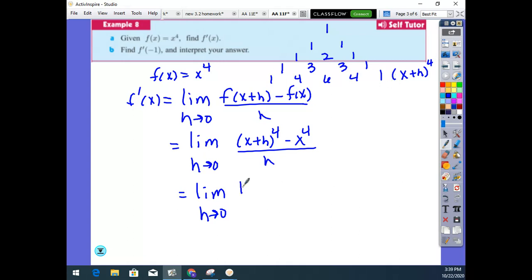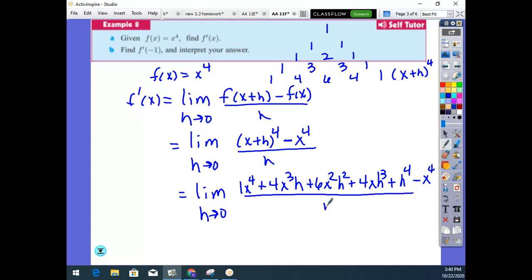So that's 1 x to the 4th plus 4, x goes down to the 3rd, h goes up, plus 6, x goes down, h goes up, plus 4, x goes down, h goes up, plus the x is gone, h to the 4th.